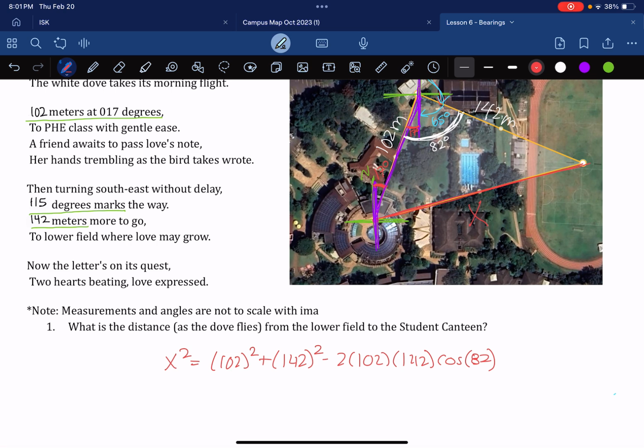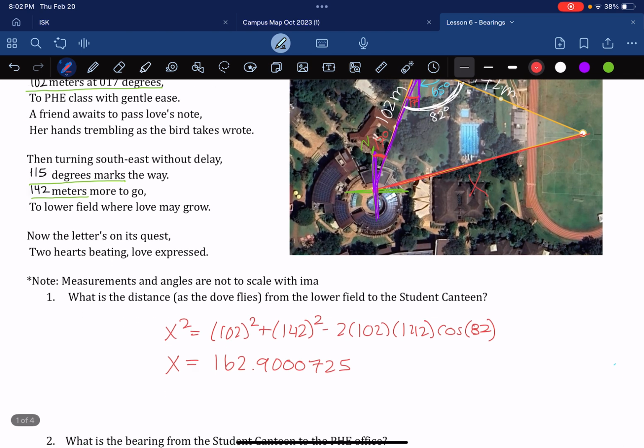Okay, so if I solve this, then I'm going to get x is equal to 162.9000725. Okay, but because we're rounding to two significant digits, then x is going to approximately equal 163 meters. Be careful though, because later we're going to need to use this 162.9000725 from the calculator. So don't delete your calculator because you're going to have to go back up and use that number again.